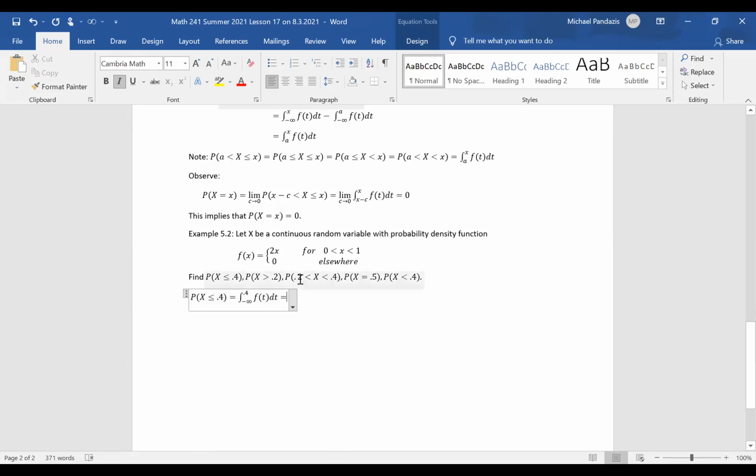Now, the PDF is 0 everywhere other than between 0 and 1. So it's equal to 2x for x values between 0 and 1 and 0 elsewhere. So let's draw this. So we have a PDF here.